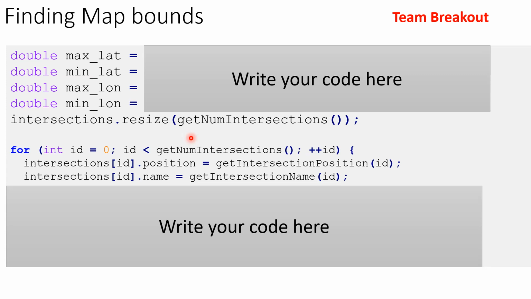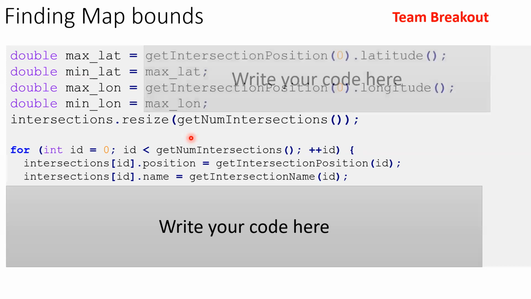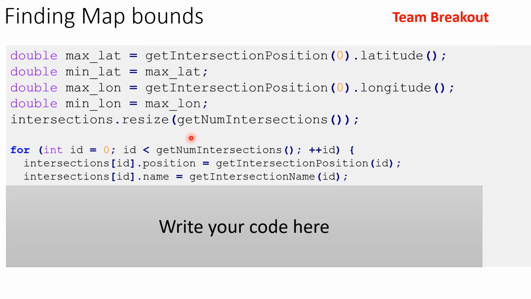It's a point in our map, right? So we can initialize that to a point in our map. So initialize the max and min to be the first point in our map.